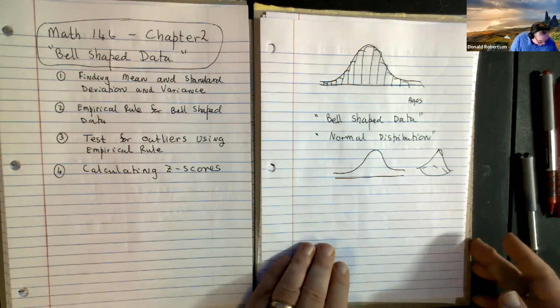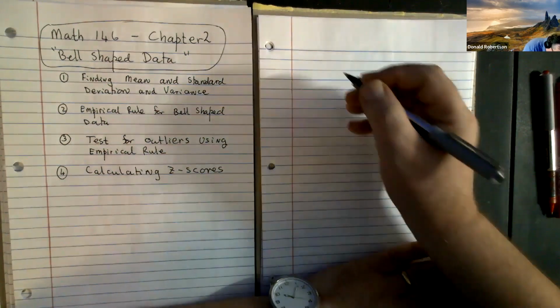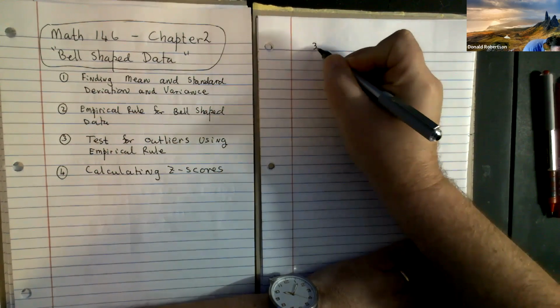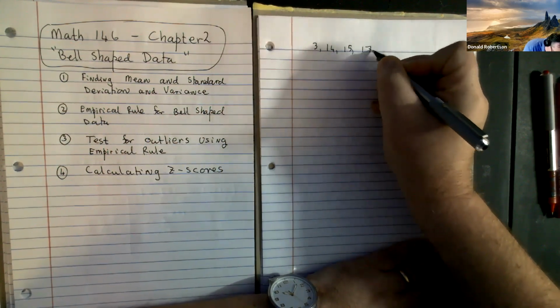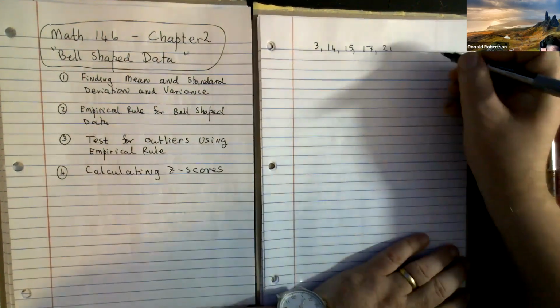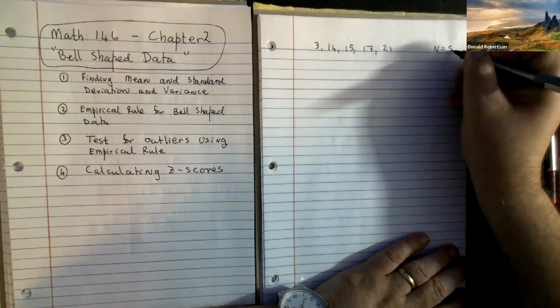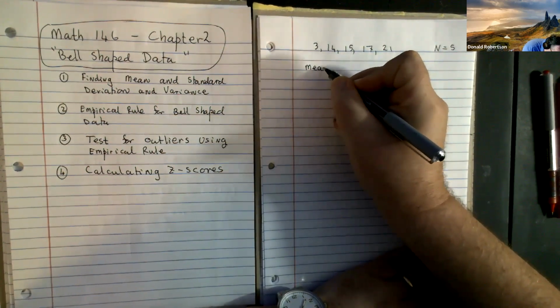Okay. Now, we are still working on numerical summaries as well. And so I'm going to pick a very small data set. 1, 2, 3, 4, 5 numbers. And we're going to calculate two things.